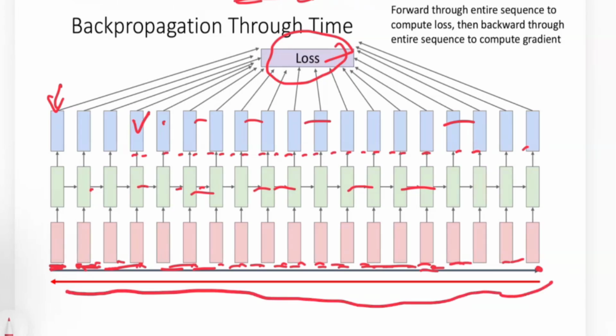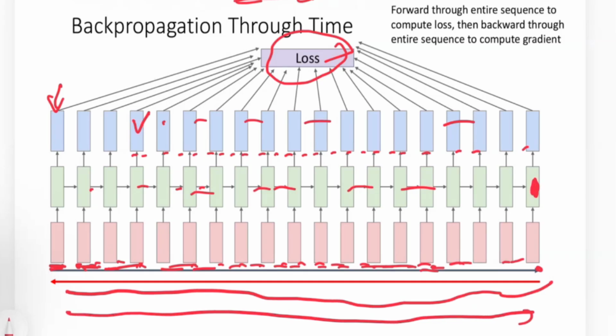Whatever path you have followed, you have to go back in a similar manner. You considered every state and reached this point, and now you have to go back and follow the same path. The problem is that the number of states could be very large.